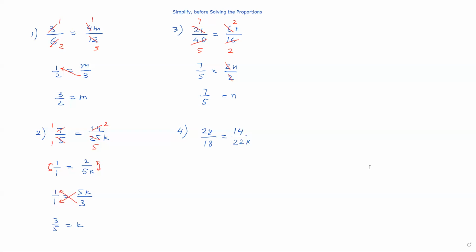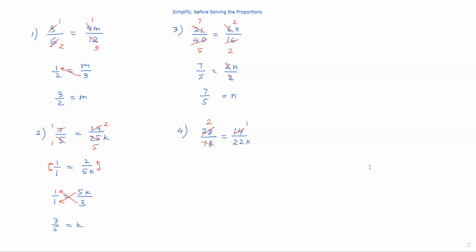We see that we can take care of 28 and 14, dividing them both by 7. So this will be 4 and this will be 2. Actually, I take it back. We can divide by 14 right away: 2, and this will be 1. Looking at the denominators, we see that 18 and 22 are both even numbers.